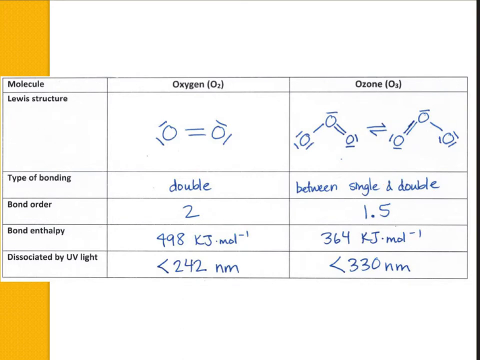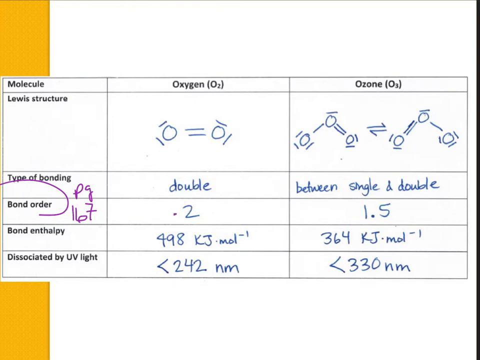So now let's talk about something called bond order, which I think may be the first time we're really talking about bond order. IB doesn't have a whole lot to say about bond order. If you want to see a definition, they literally barely mention it in a text box on page 167. And all they really say is that a single bond has a bond order of 1, a double bond has a bond order of 2, a triple would have a bond order of 3.